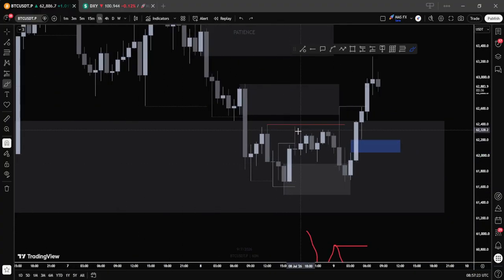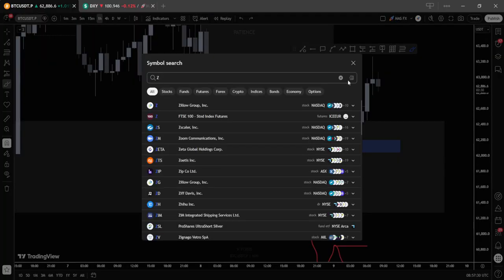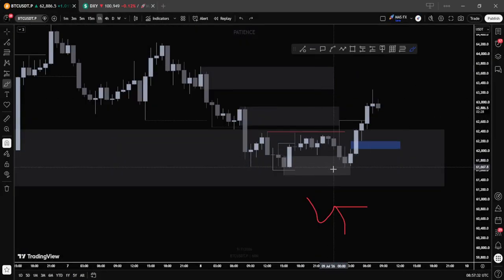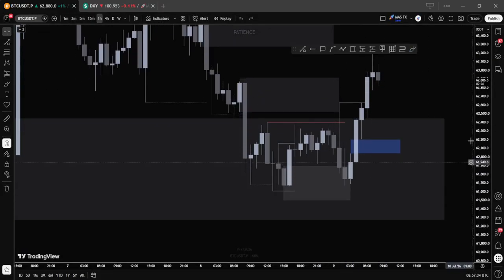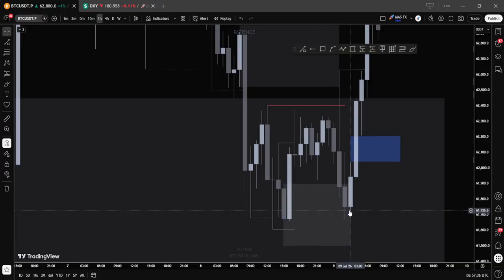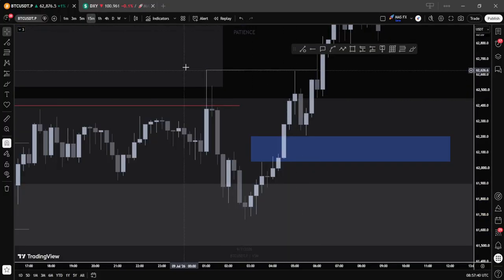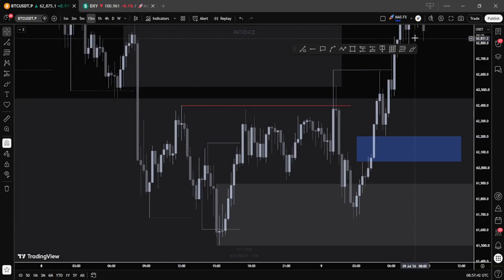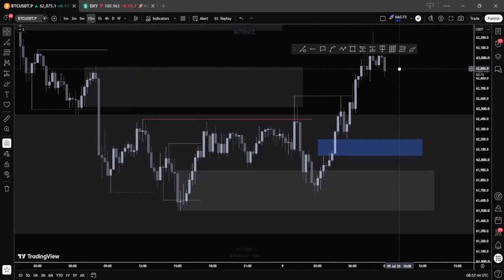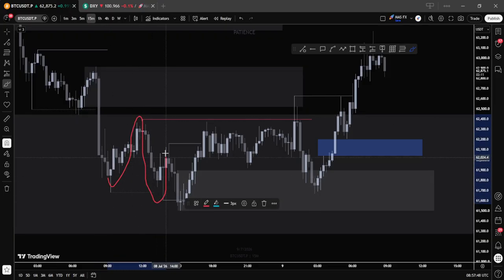Before session we had a retracement. Wait, this candle is very suspicious. I think we pushed up before we pushed into the other block, otherwise this move shouldn't be valid. Yeah, okay, so 15 minutes makes it very clear. So yeah, break of structure, market structure shift over here, right?